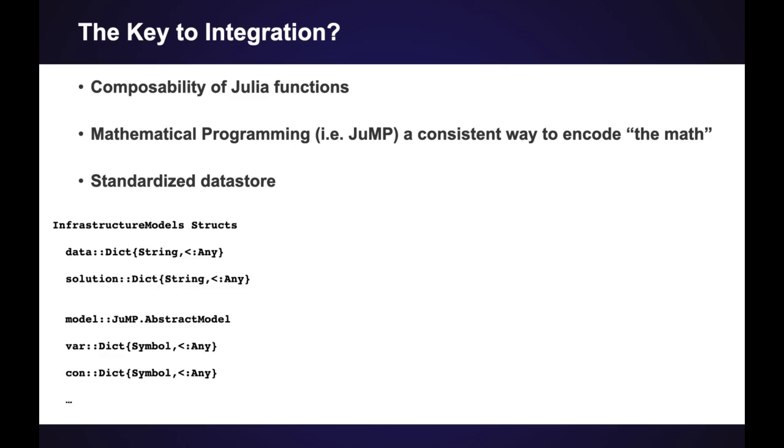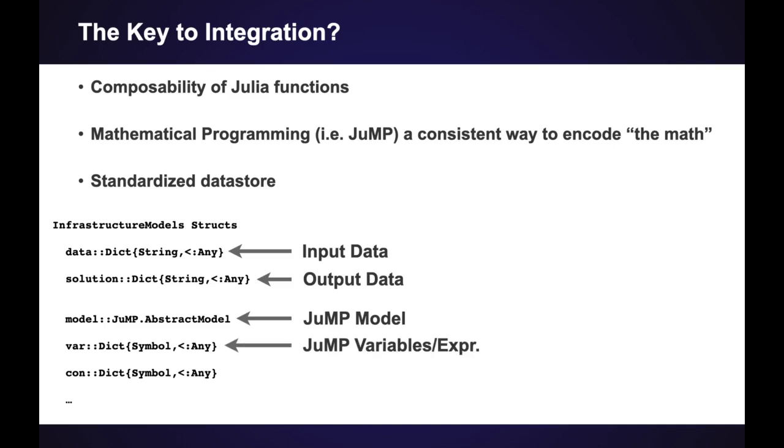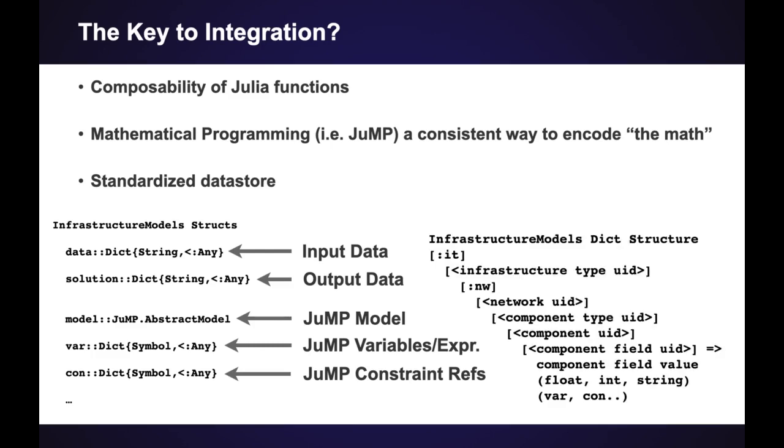So in infrastructure models, all the structs have a similar structure where you have things like data, you have the solution output, you have your JuMP model, which people can share, you have your JuMP variables and expressions, and then you have your constraints. And the key thing is for each one of these dictionaries, there's a unified structure for where everything goes. And it looks like this.